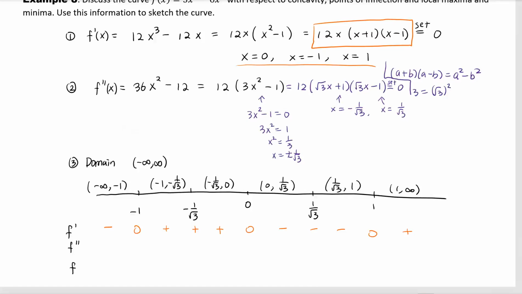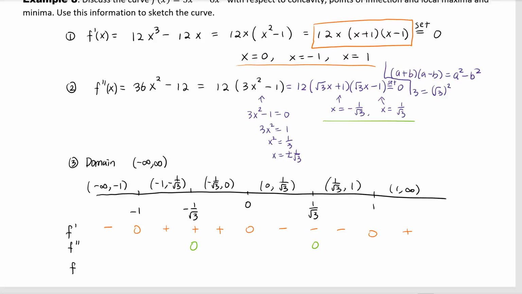All right, next, f double prime. For f double prime, what are the possible important points? Okay, so those are -1 over root 3 and 1 over root 3. So at those points, my second derivative is 0. Okay.